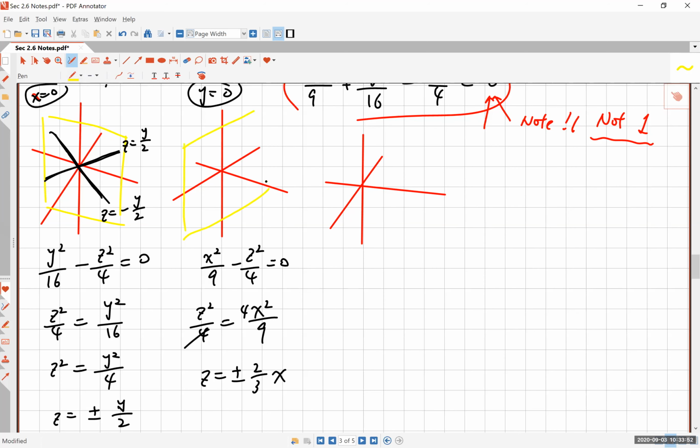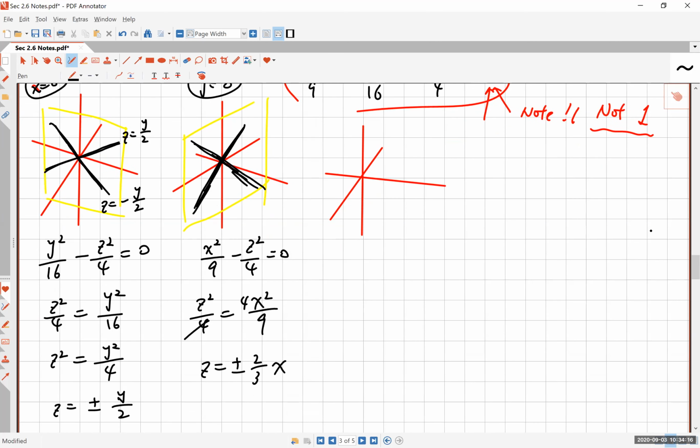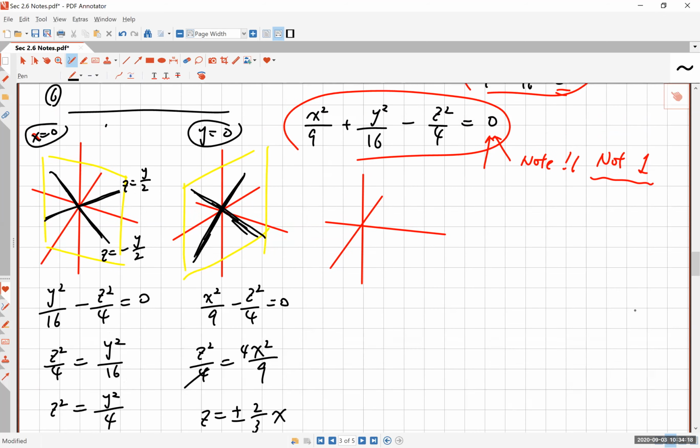This time y is equal to 0, so that's my canvas, the xz plane on which I am to draw this trace. And this time I get 2 straight lines of slope 2/3 and -2/3. So it will be something like this, something like this. It's not a very good drawing here, but you get the point. It is a little more difficult to see as straight lines here.